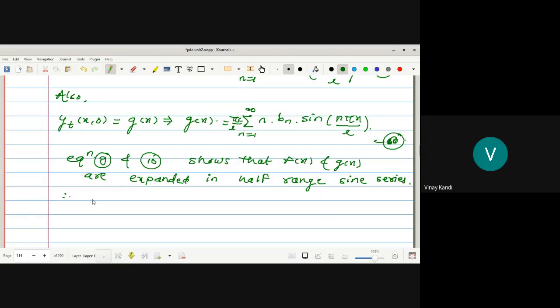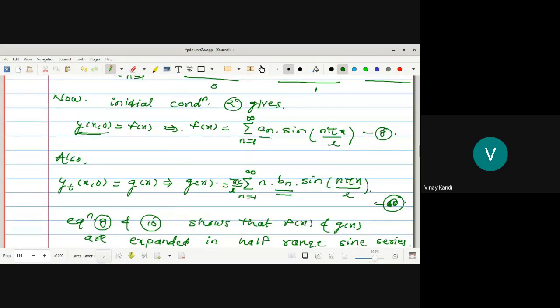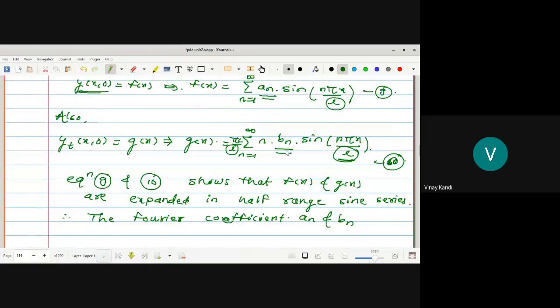Okay, therefore the Fourier coefficients a_n and b_n. These are the Fourier coefficients. बघा, हा तुमचा b_n आहे आणि हा a_n. ओके, ही Fourier सिरीज आहे जी f(x) आणि g(x) in range 0 to l. That's why we have taken half range.